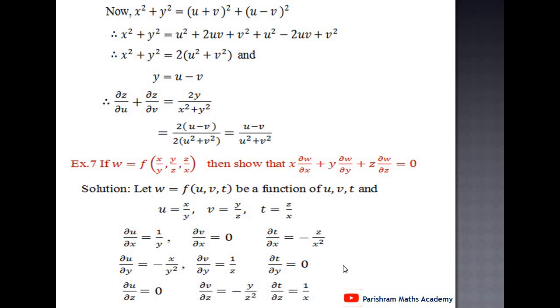Therefore by chain rule, ∂w/∂x equals ∂w/∂u · ∂u/∂x + ∂w/∂v · ∂v/∂x + ∂w/∂t · ∂t/∂x. We can substitute the values of ∂u/∂x, ∂v/∂x, and ∂t/∂x.